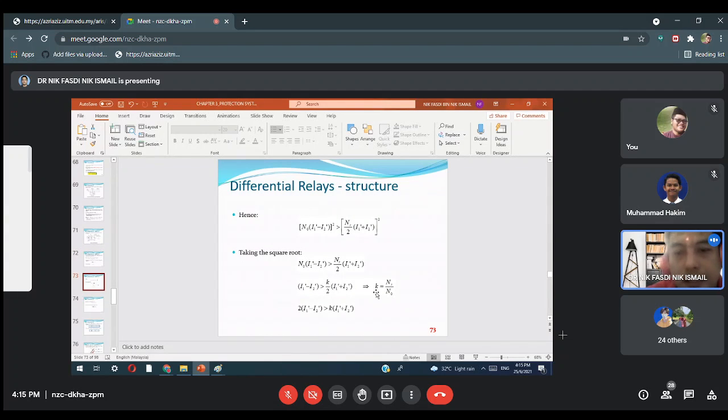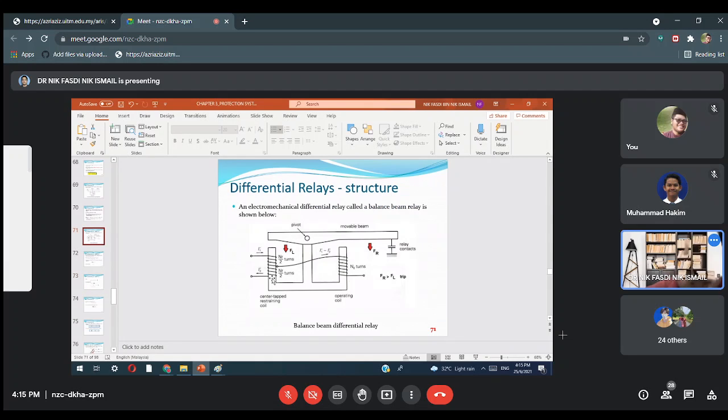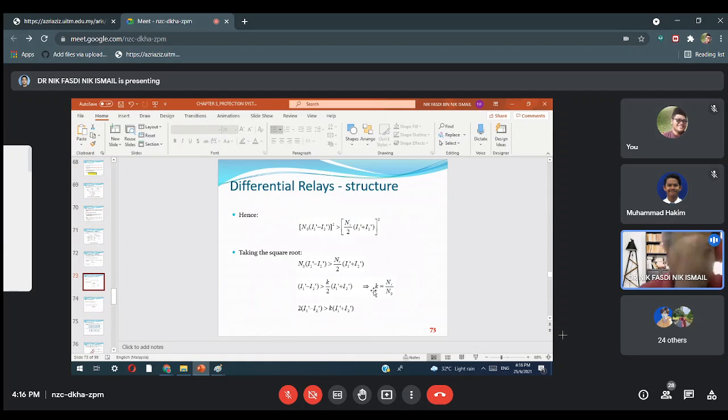Okay, so there's already an equation there, but the important thing is the K. What is the K? K is the ratio between these two coils. One we call the center tap restraining coil. It has center tapping in the middle here. If you buy a transformer, it has tapping here. And then the other one is the operating coil. The ratio between these two coils we call K, the constant coefficient.